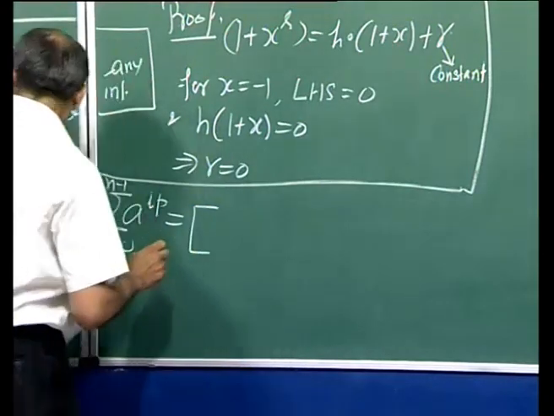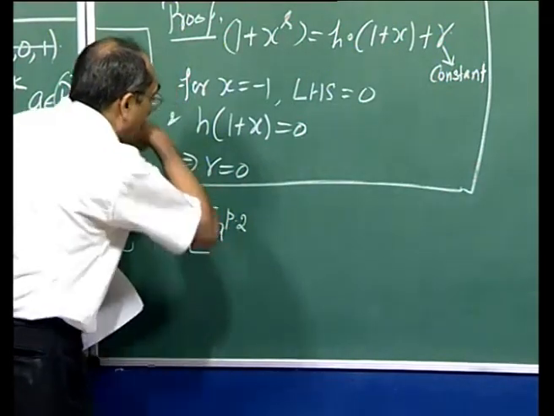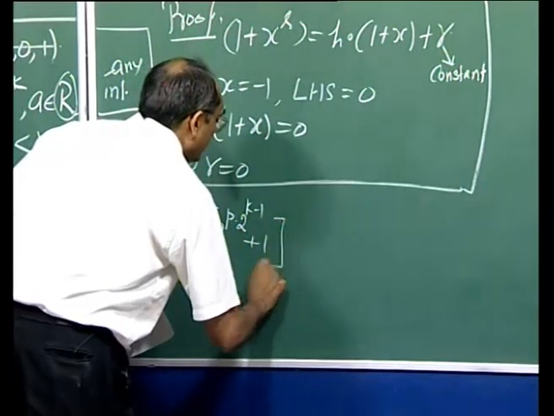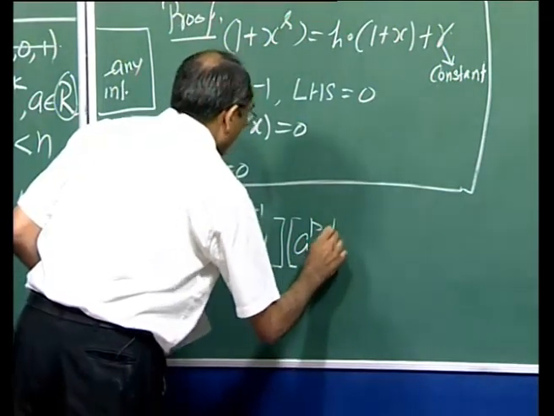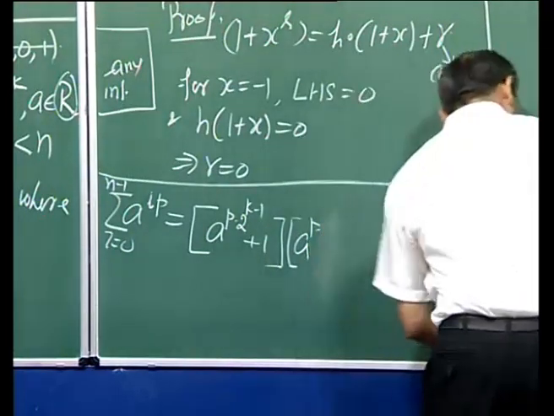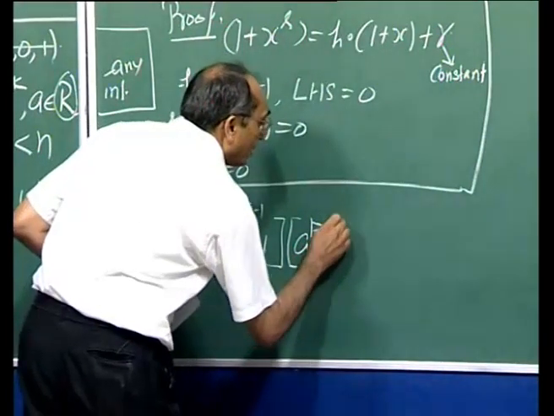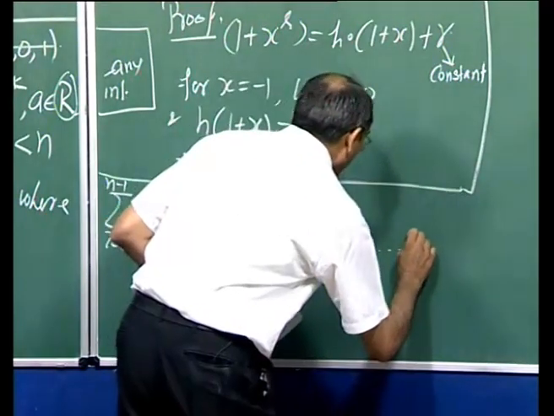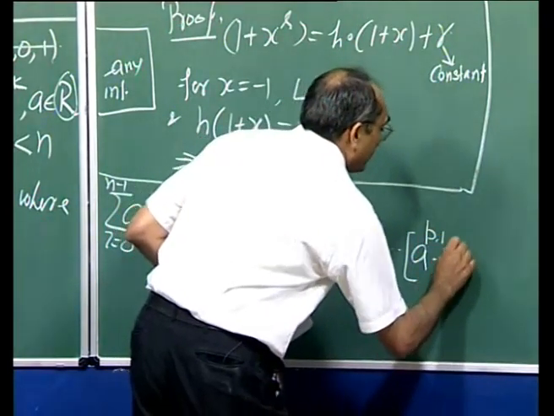I am going to explicitly write down this product, which is a^(p·2^(k-1)) plus 1, then a^(p·2^(k-2)) plus 1, all the way up to a^p plus 1.